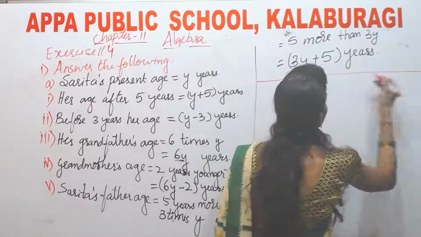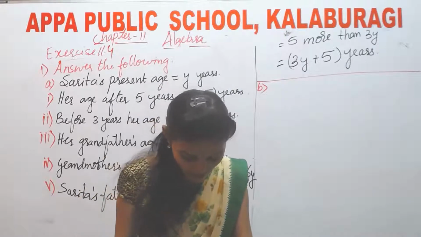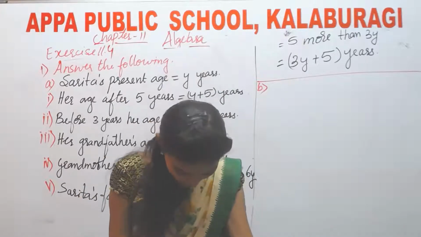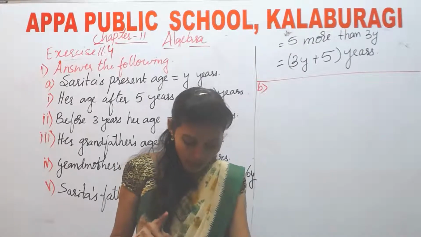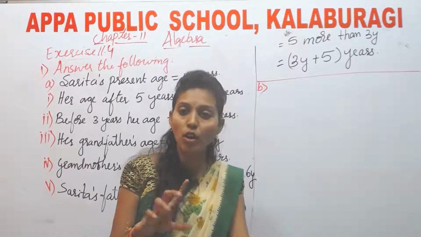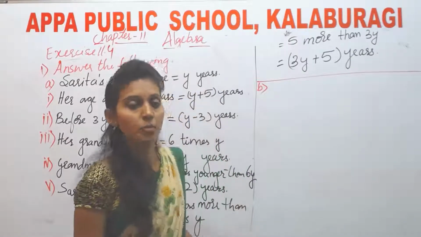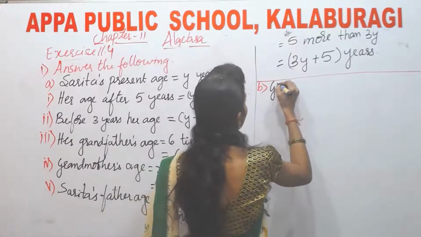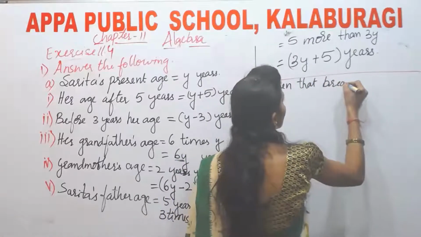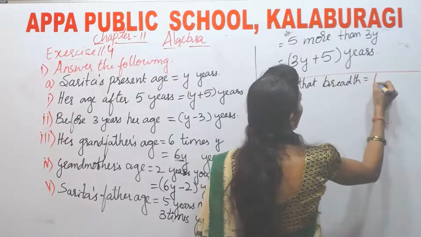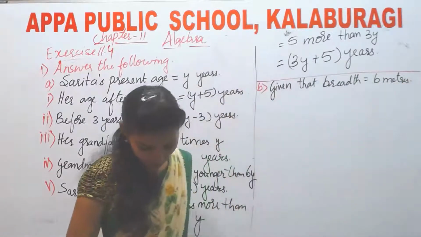B. The length of a rectangular hall is 4 meters less than 3 times the breadth of the hall. What is the length if breadth is b meters? Given that breadth is b meters.